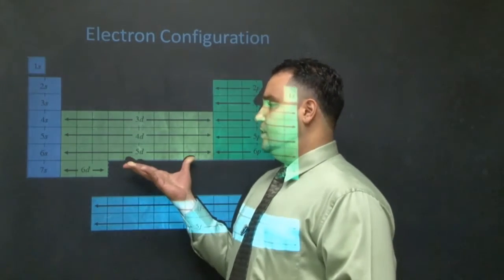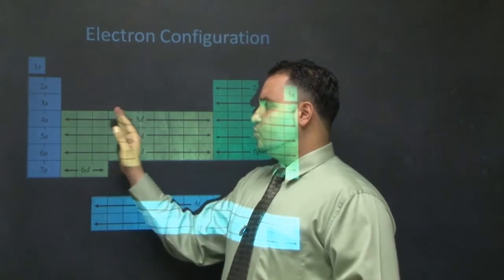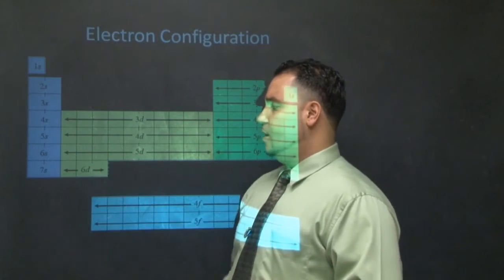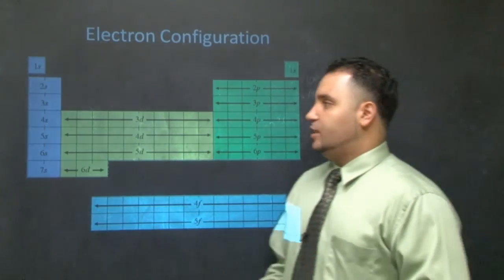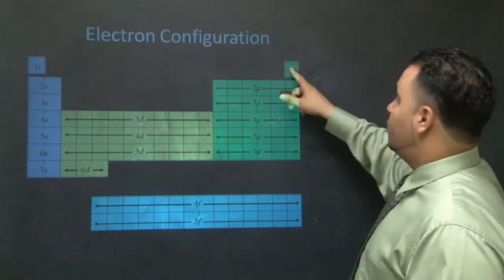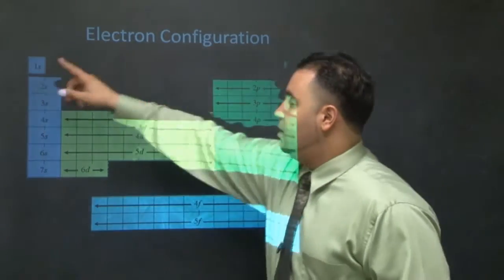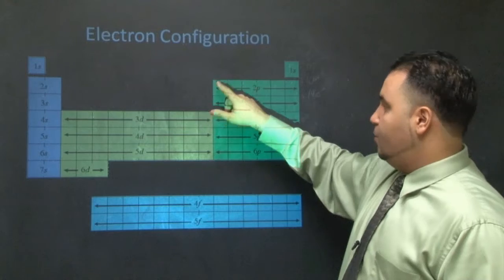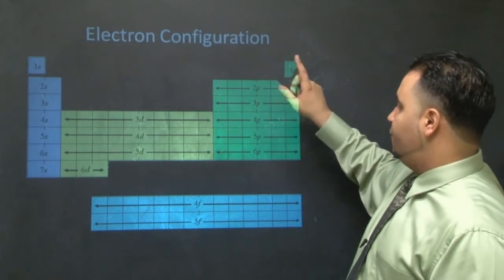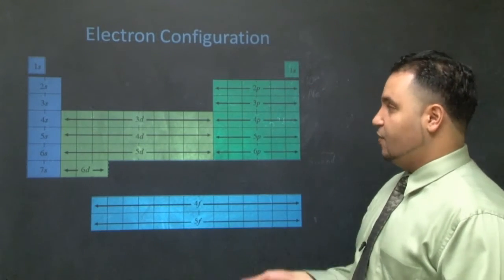Then we have the d orbital, which would be all our transition metals found in the middle. And then the f orbital would be over here. I also like that it shows us 1s, and this should also be 1s. So this would be 1s1, 1s2, 2s1, 2s2, 2p1, 2p2, 2p3, 2p4, 2p5, 2p6, and so forth.